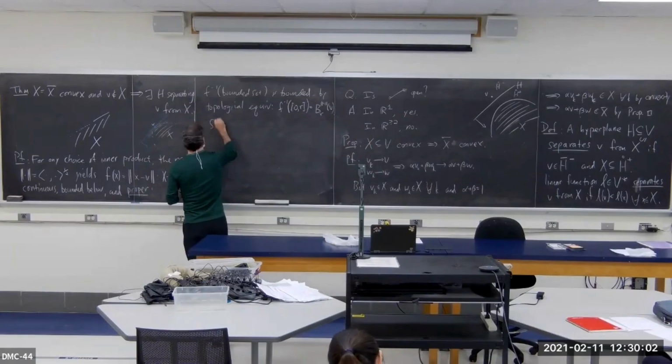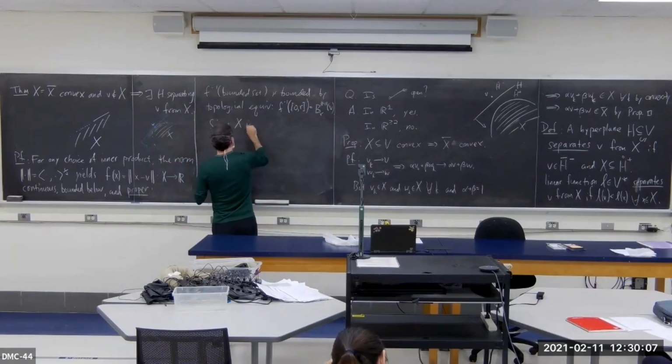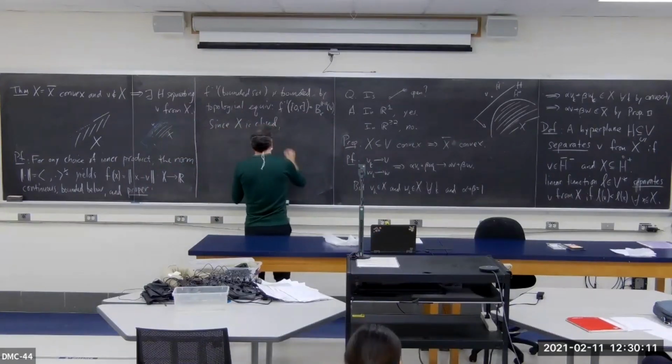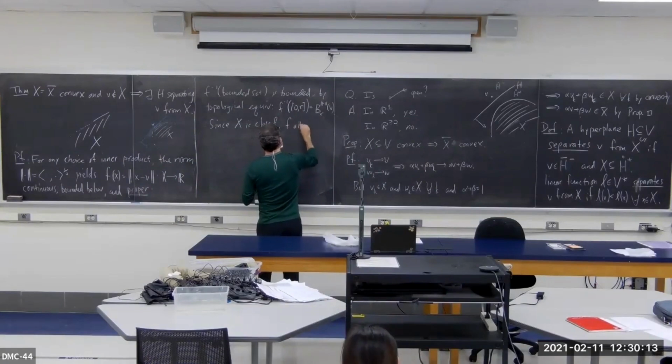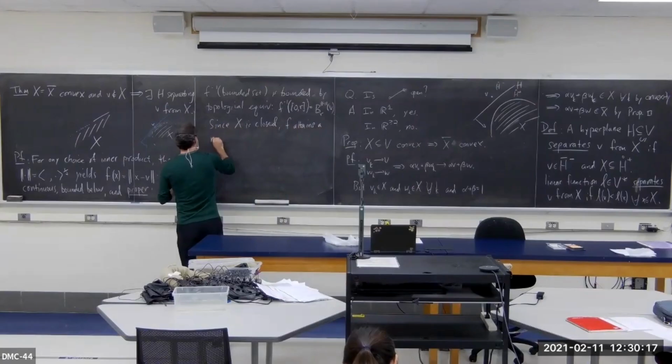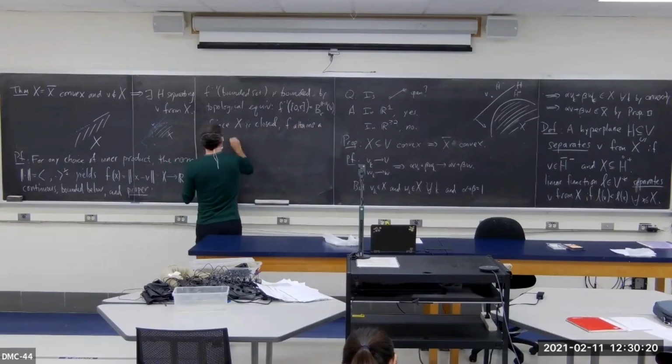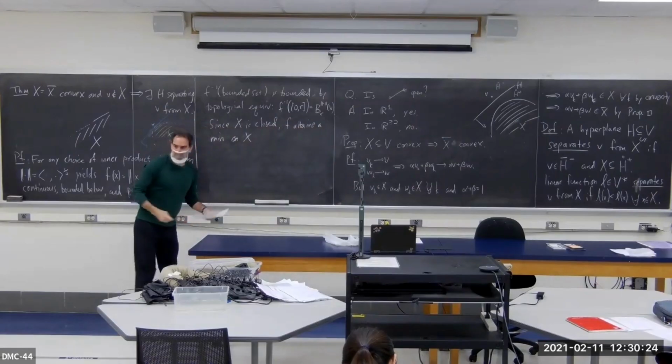So since X is closed, we know that F attains a minimum on X. Think about it this way.